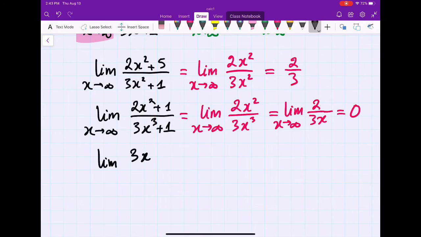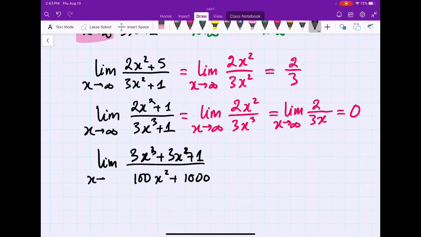Let's choose 3x cubed plus 3x squared plus 1 over 100x squared plus 1000, when x approaches infinity. So we pick terms with the highest degree. On the top I have 3x cubed. In the bottom I have 100x squared.